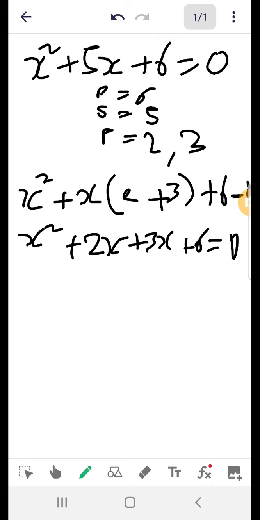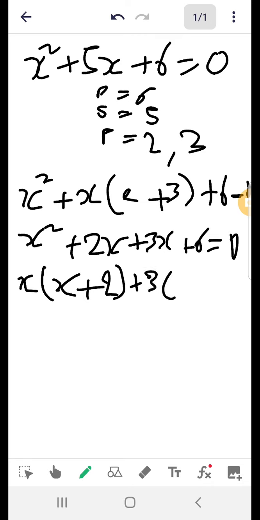You factorize by saying what's common between x squared plus 2x is x. You open the bracket: x into x squared leaves x, plus x into 2x leaves 2. Plus, what's common between 3x and 6 is 3.